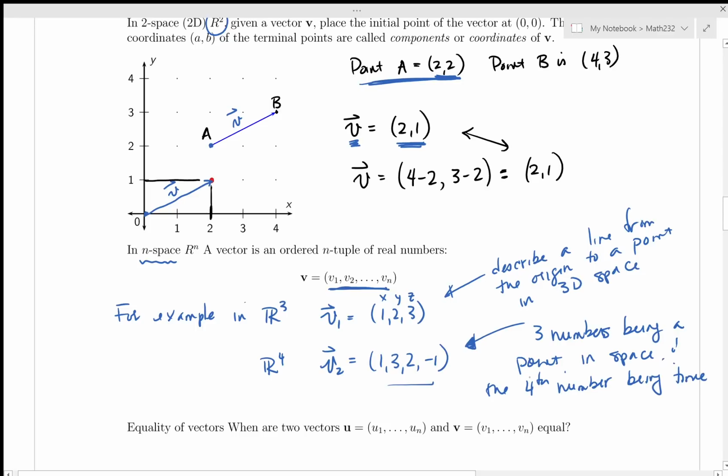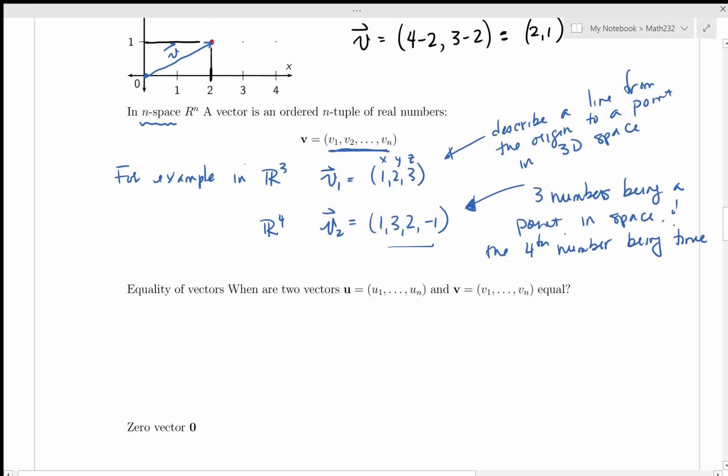So we would have this 4-tuple indicating a space-time coordinate. This is the Einstein idea.